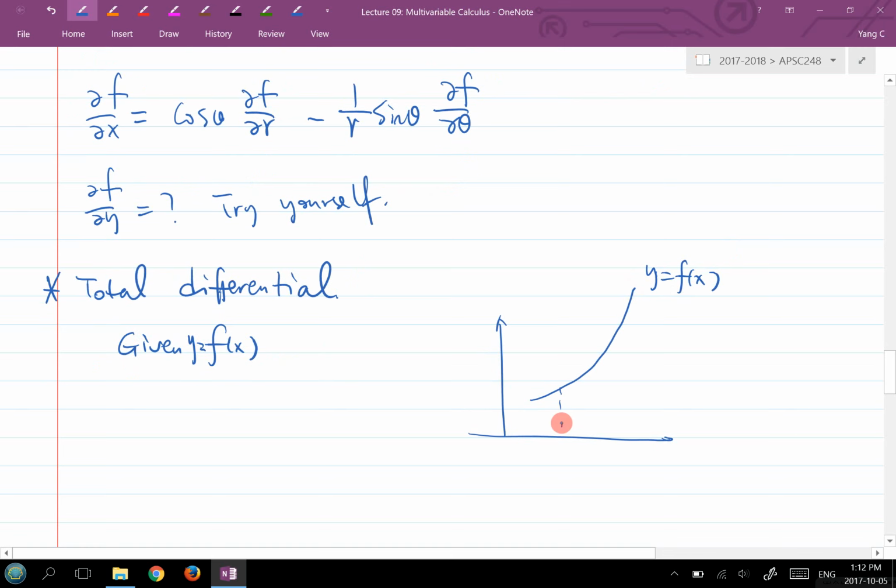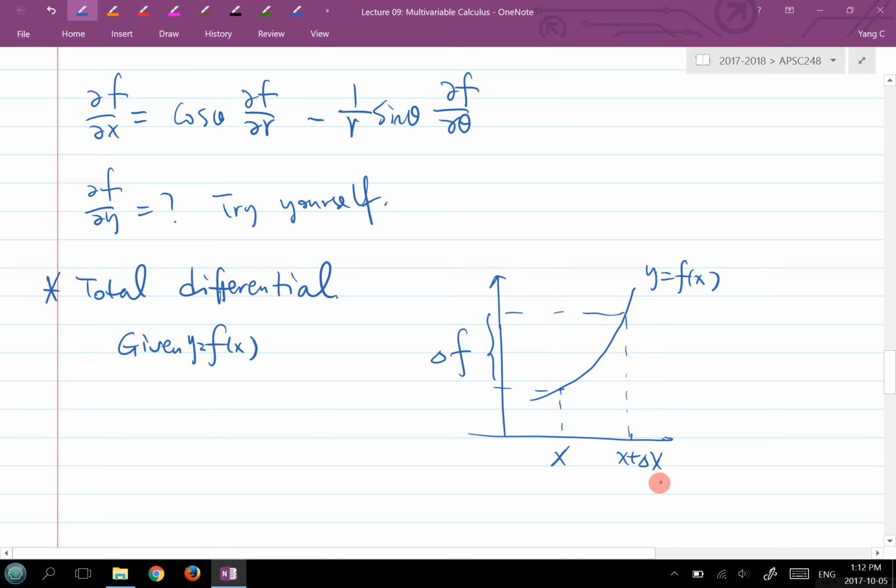So we learned, if I start with x here and increase x by delta x, we'll probably be interested to know what's the change of the function f when you change x from x to x plus delta x.